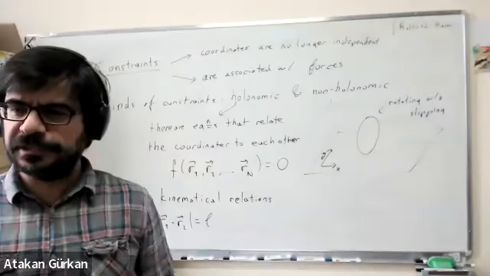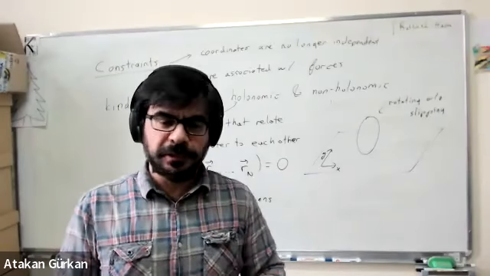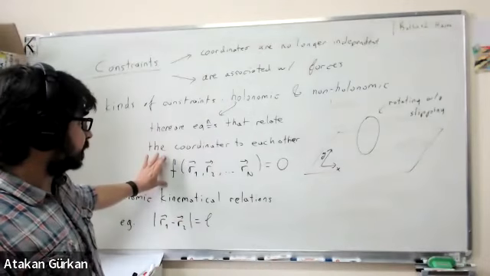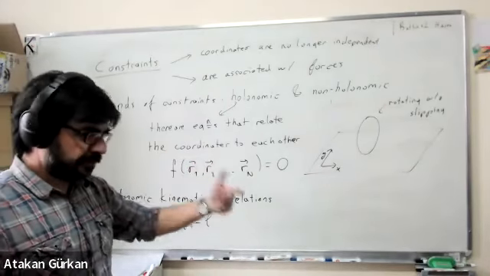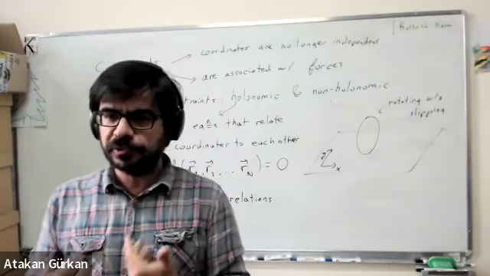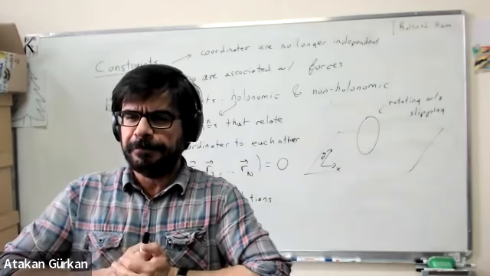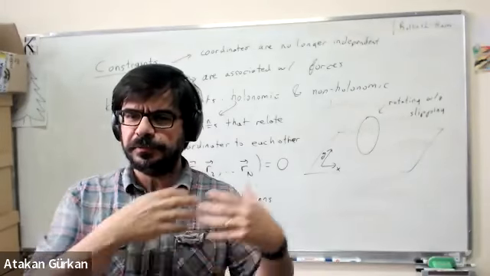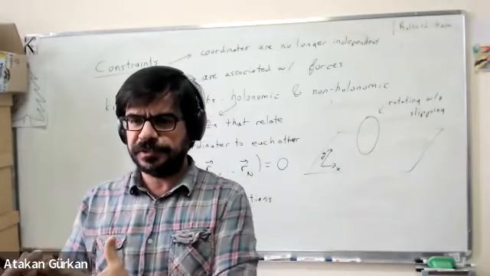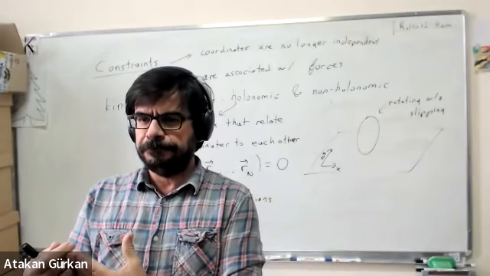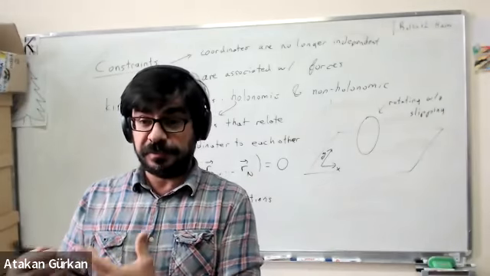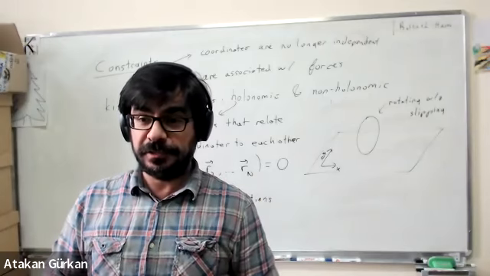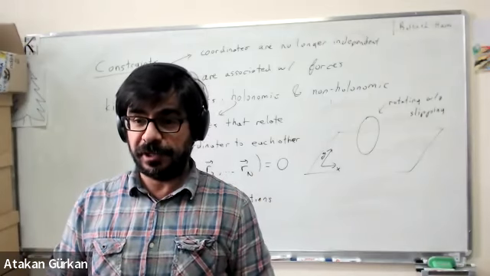But how is this a mathematical expression? Like, for example, can you write something like this? Not involving coordinates, possibly involving its derivatives, but how would you express this in an equation? You know what I'm asking? So there should be some way to take this description and express it in mathematical notation. This is sometimes not trivial. Sometimes it is, sometimes it's not. And it's a skill that you need to have.